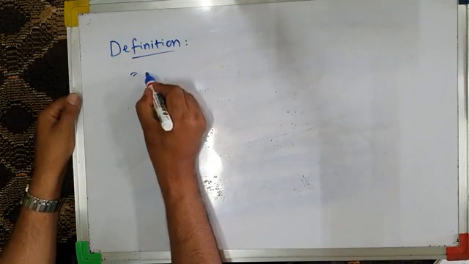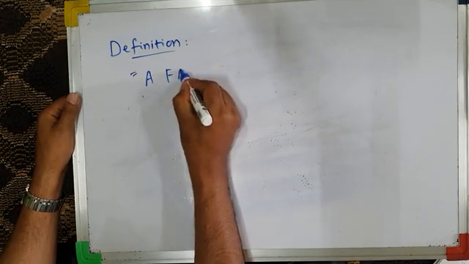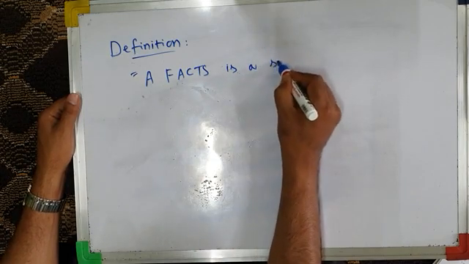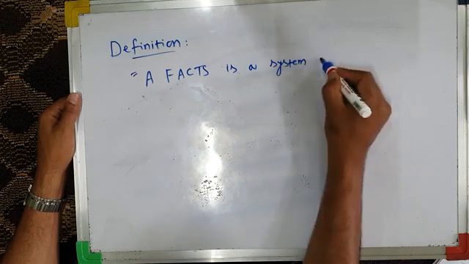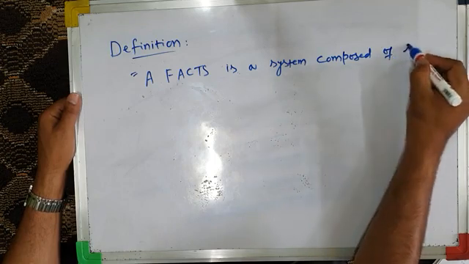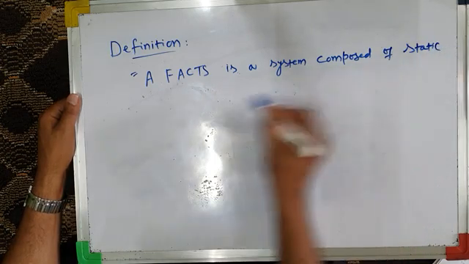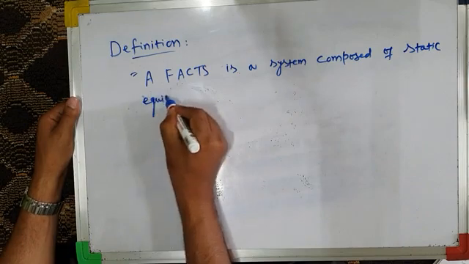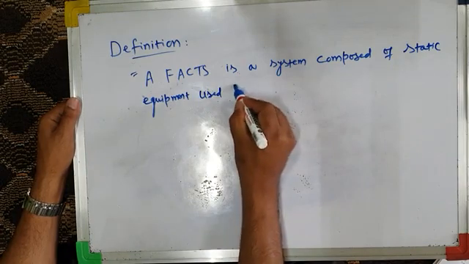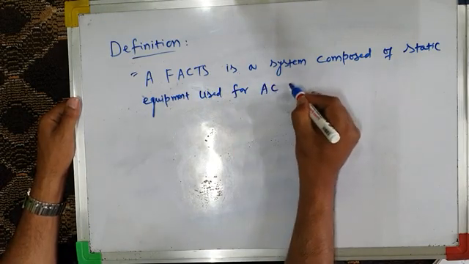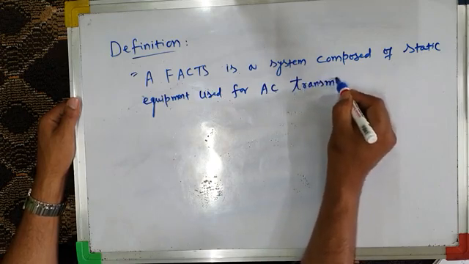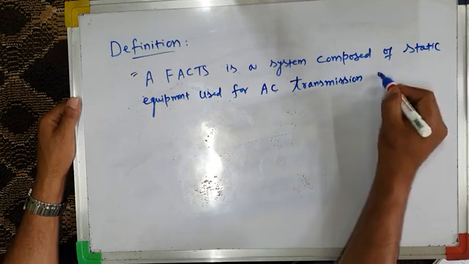One is, I will write here, a FACTS is a system composed of static equipment used for AC transmission of electrical energy.